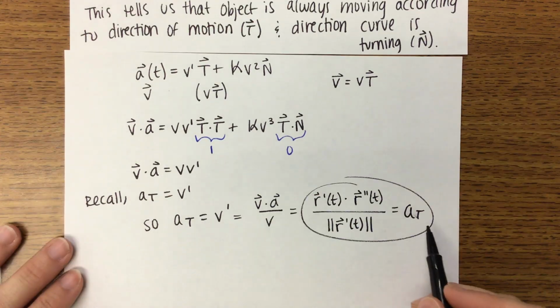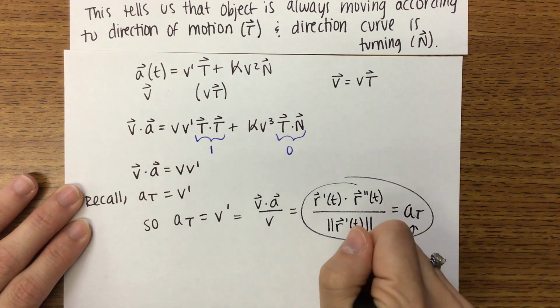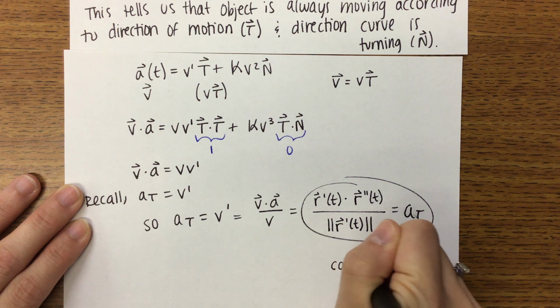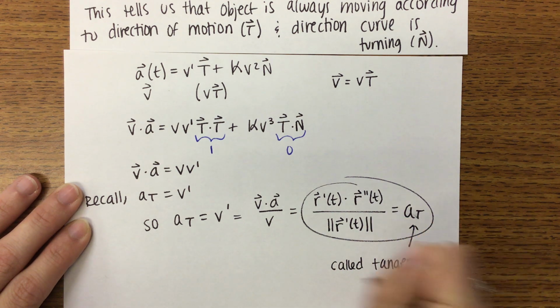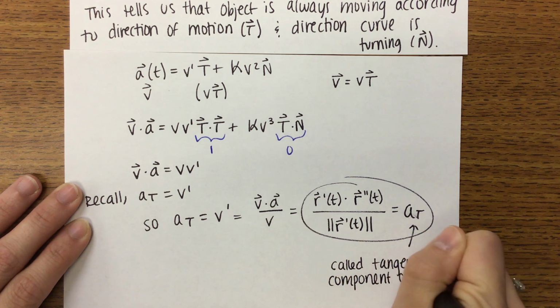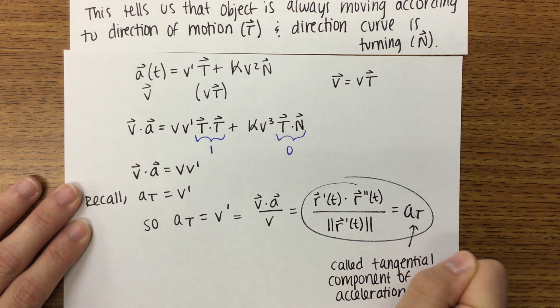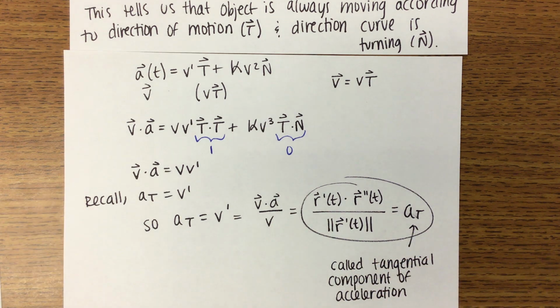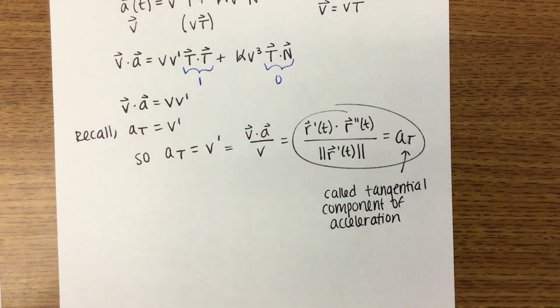So all that work was to tell us that this is the formula for A_T. Now, A_T in words is called the tangential component of acceleration.